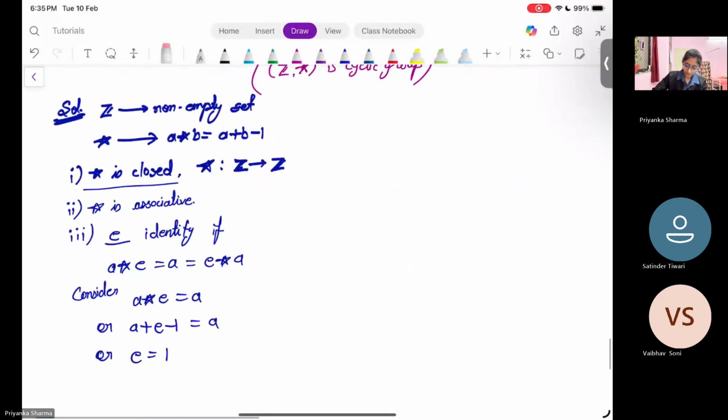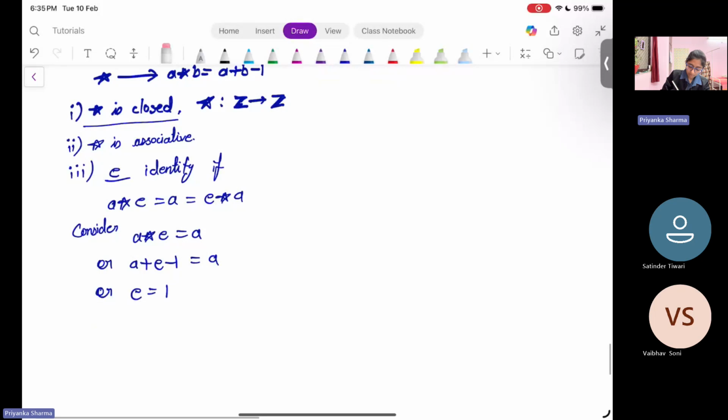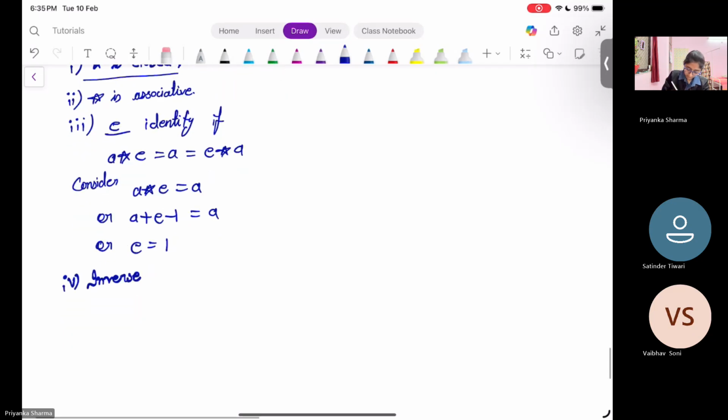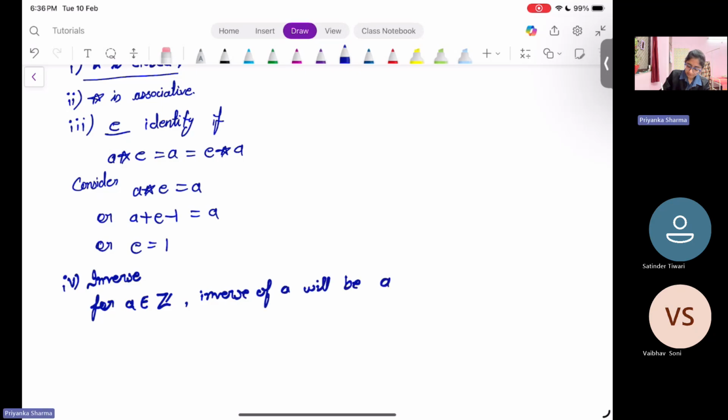Okay, ma'am. Now, what is the inverse? So for A belongs to Z, the inverse of A will be some A inverse such that A star A inverse or A inverse star A is the identity, which is now 1.